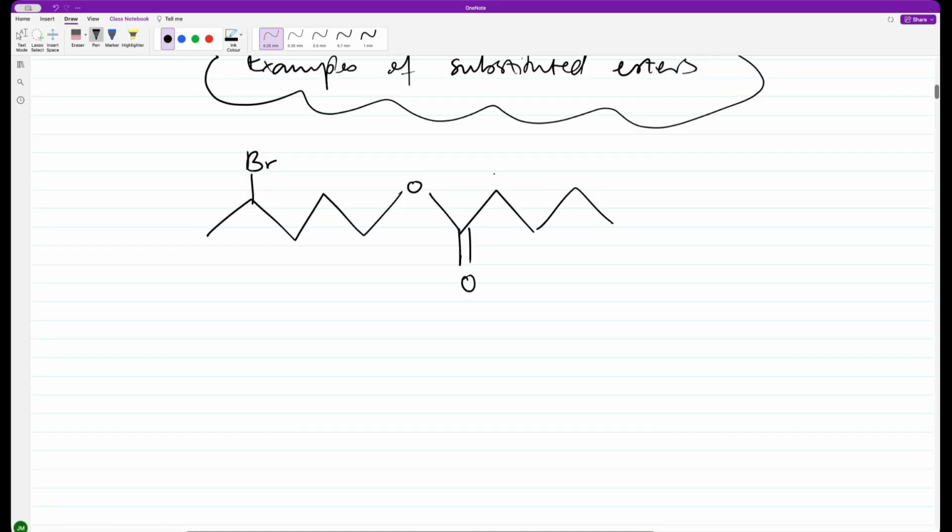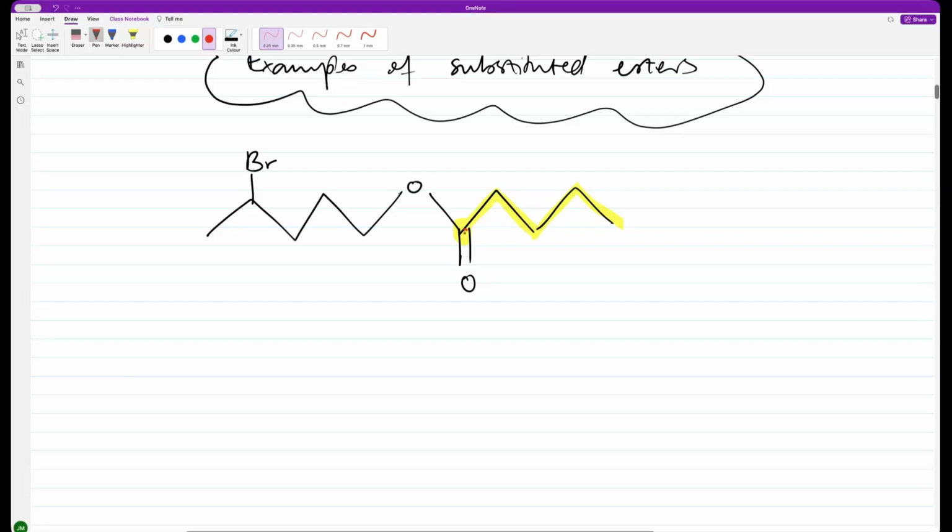All right, so if we have an ester like this, the way that I name the ester is first I find where the carbon double bond O is, and that is sitting right here. And I trace back how many carbons are attached to it. So that's 1, 2, 3, 4, 5. There are 5 carbons in this.